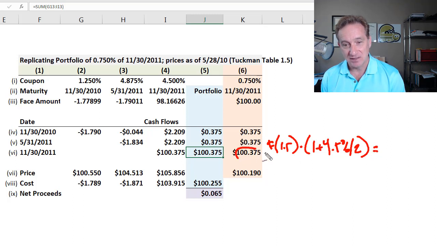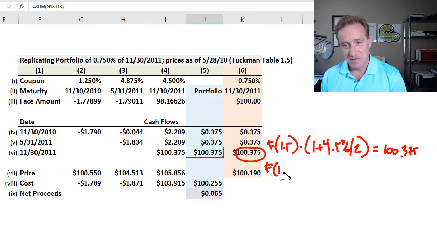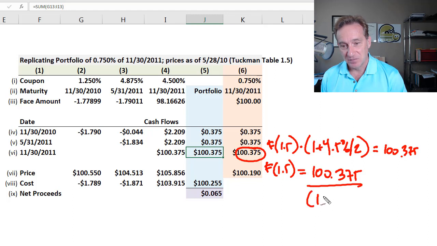And what we need is that to equal the $100.375. That's the idea. So that means the face amount of this 1.5 year bond that's part of the replicating portfolio, in order to deliver in its final cash flow $100.375, the face amount that we need is 100.375 divided by 1 plus 4.5% divided by 2.